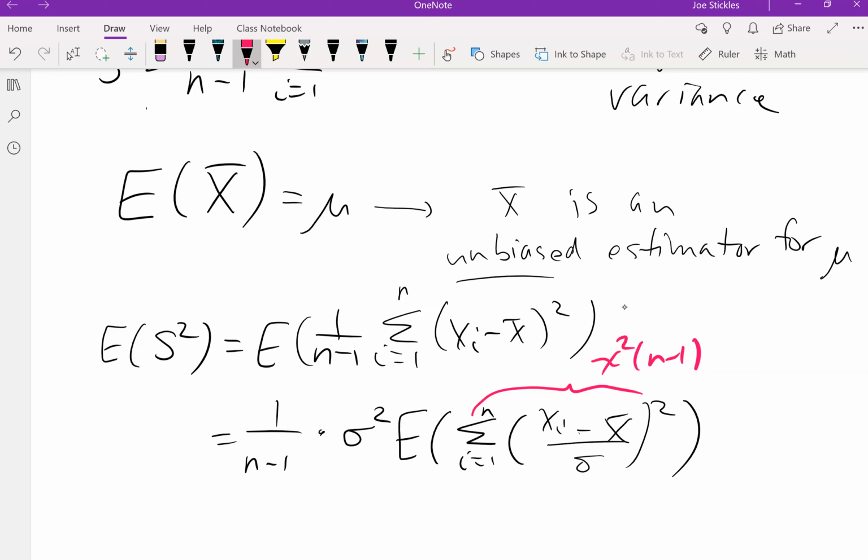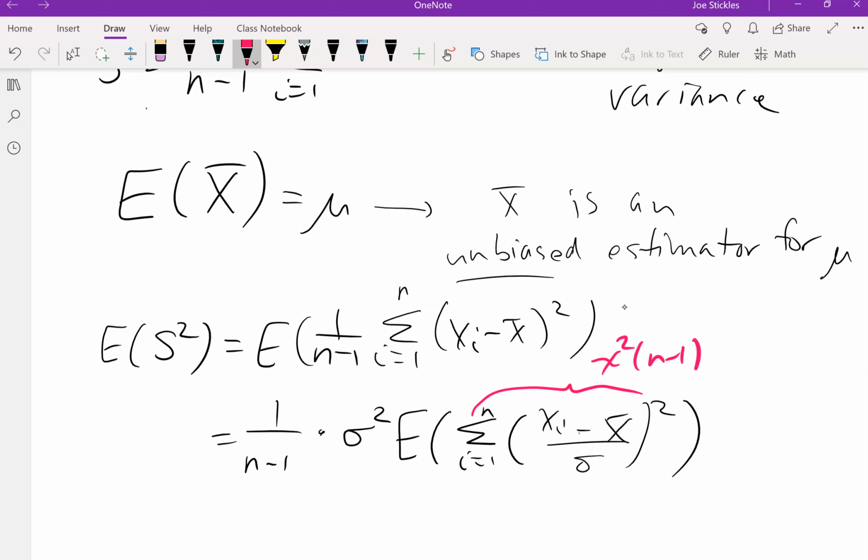What is the expected value of a chi squared distribution? It's just R, right?